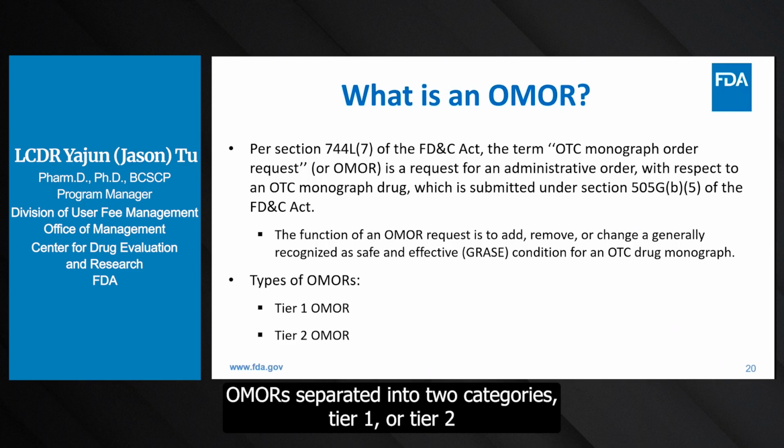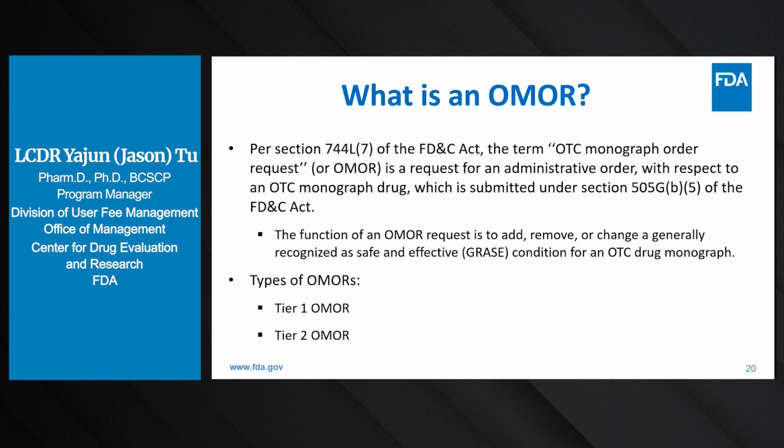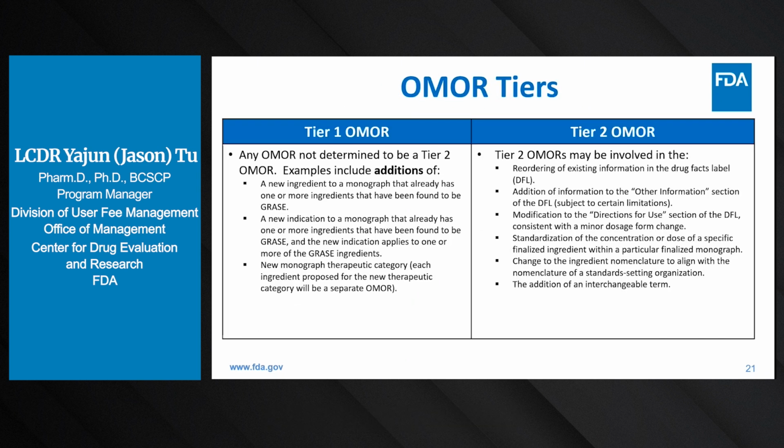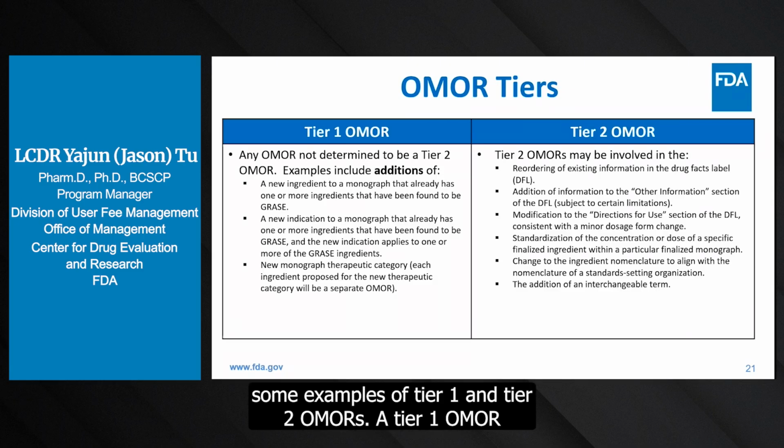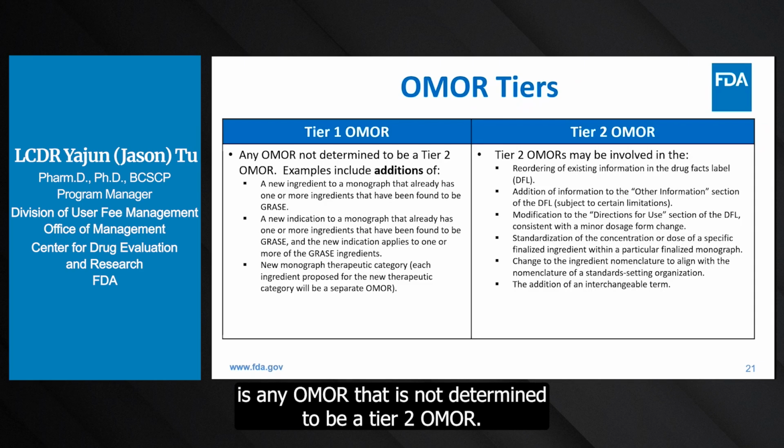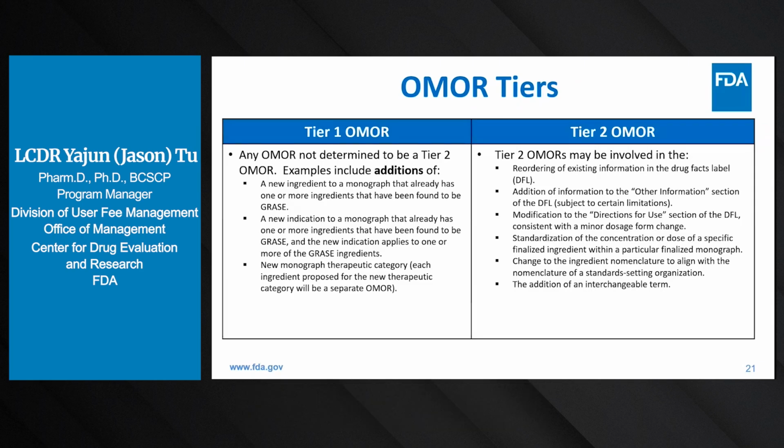OMORs are separated into two categories, Tier 1 or Tier 2, for which different fees apply. This slide provides some examples of Tier 1 and Tier 2 OMORs. A Tier 1 OMOR is any OMOR that is not determined to be a Tier 2 OMOR.